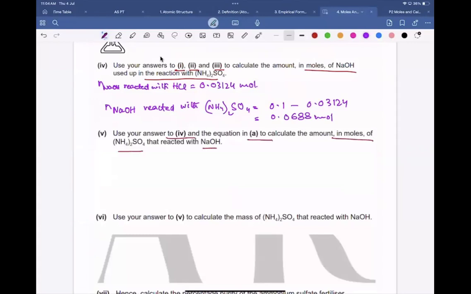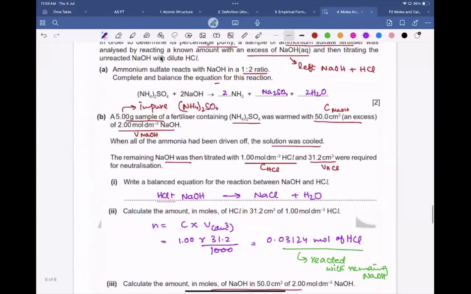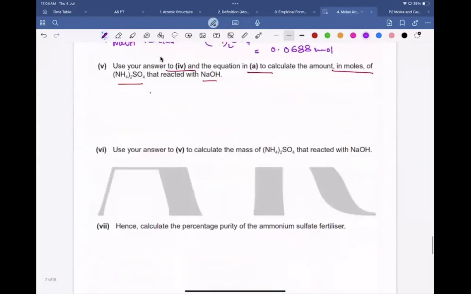Now, use your answer to 4 and equation A to calculate the amount in moles of ammonium sulfate reacted with NaOH. If you see equation A, the ratio of ammonium sulfate to NaOH is 1:2, right? So 2 moles of NaOH react with 1 mole of ammonium sulfate.